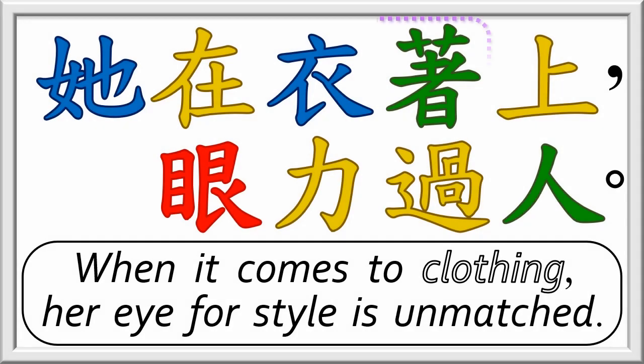English clad is an old past participle of the verb to clothe. So you'll notice an ironclad guarantee binds that character tightly, much like the use of 着 in 衣着. 她在衣着上眼力过人. When it comes to clothing, her eye for style is unsurpassed.